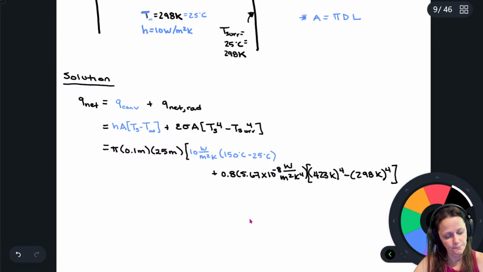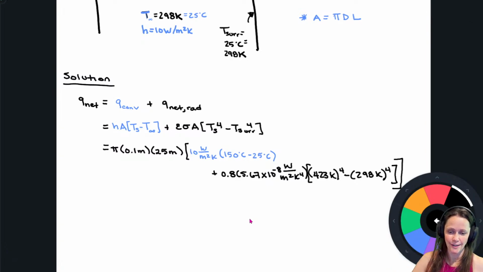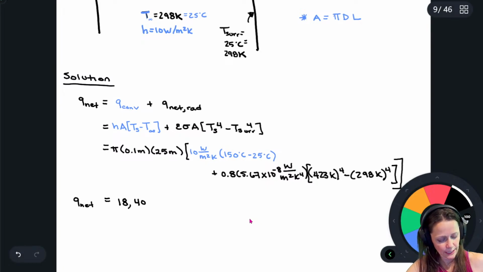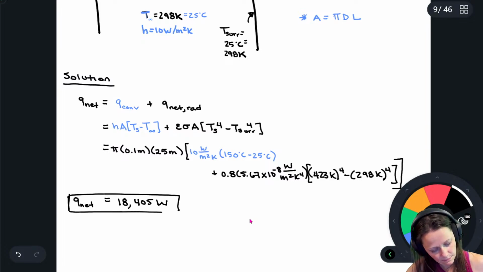All right. Okay. I think I've got all the parentheses there. So when I plug all of that in, I get a value of 18,405 watts. So I'm going to box that right there.